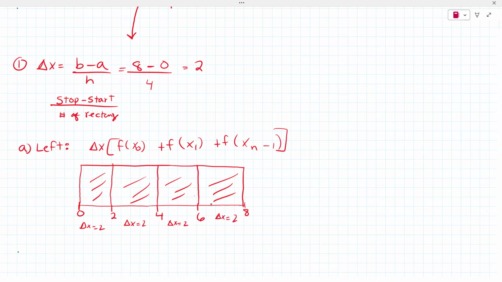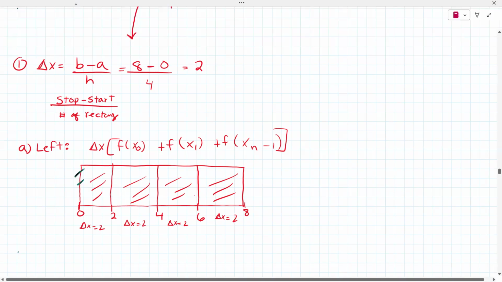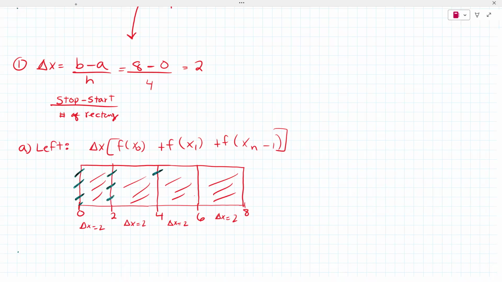And if we're going to the left, that means we use another color. So we're going to focus on this side as this height, this side, and then this side, and then this side. Okay, so rectangle 1, 2, 3, 4.